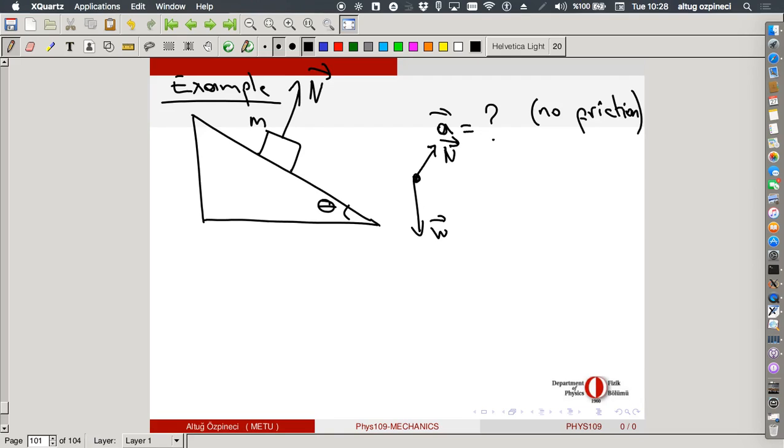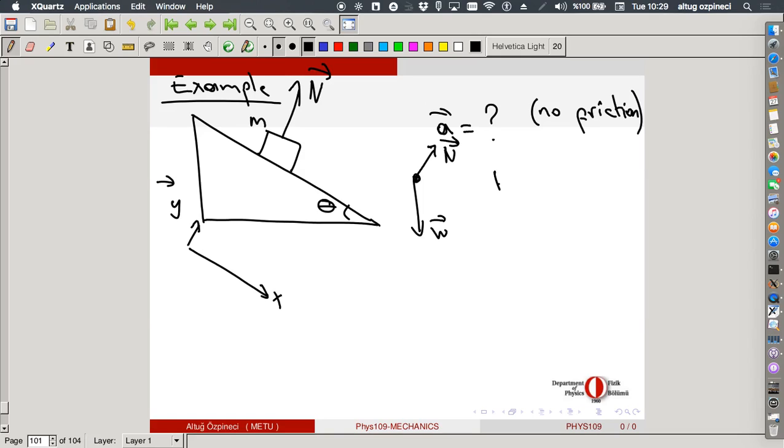You can choose your axes in whichever direction you like. The vertical direction is nice because gravity is in that direction. The direction parallel to the inclined plane is nice because the motion is along that direction. But you cannot choose both of them. So we had the larger votes for this one. Let's say this is our x-axis, this is our y-axis.